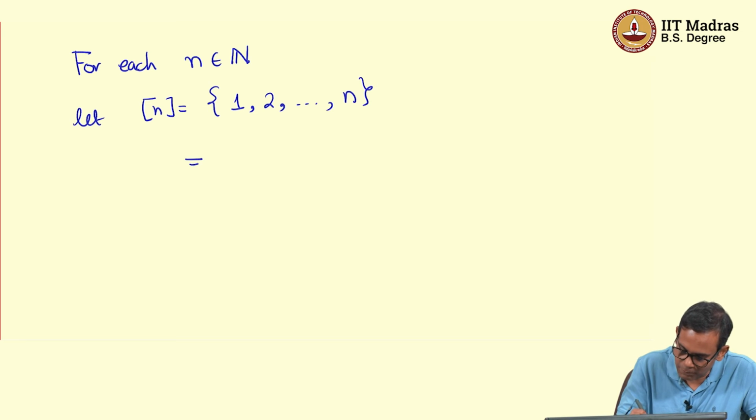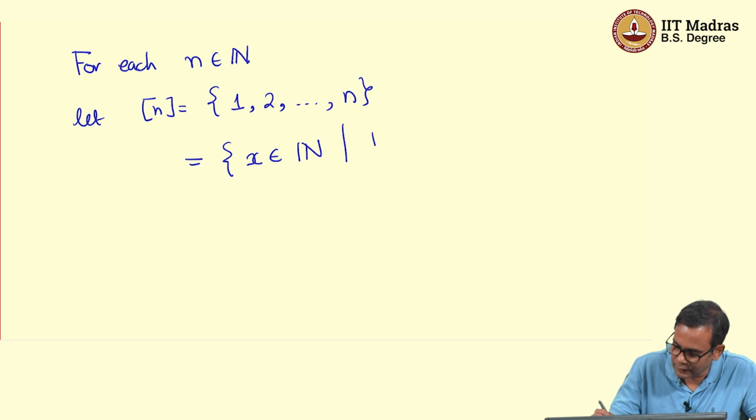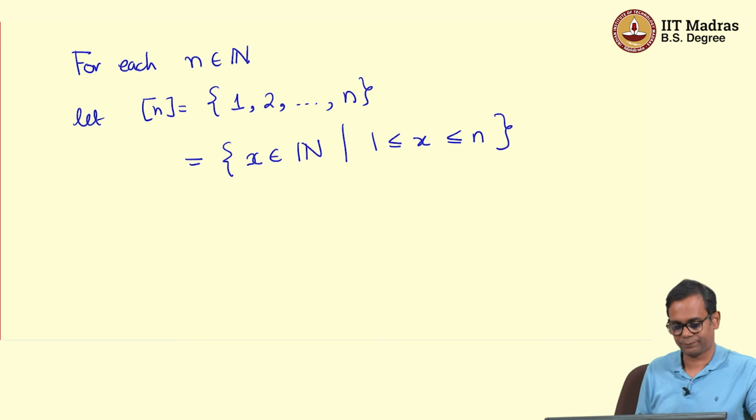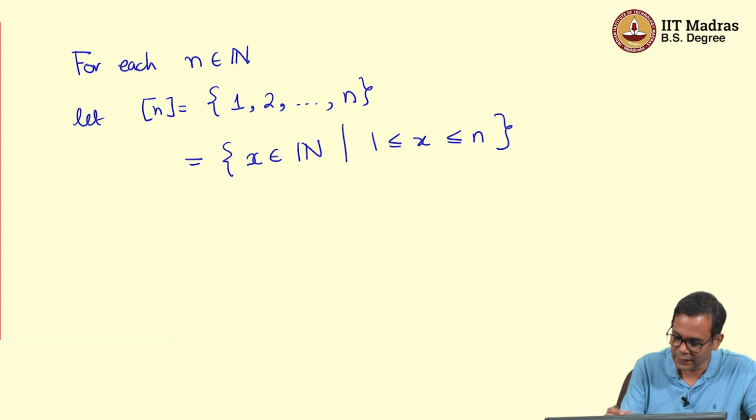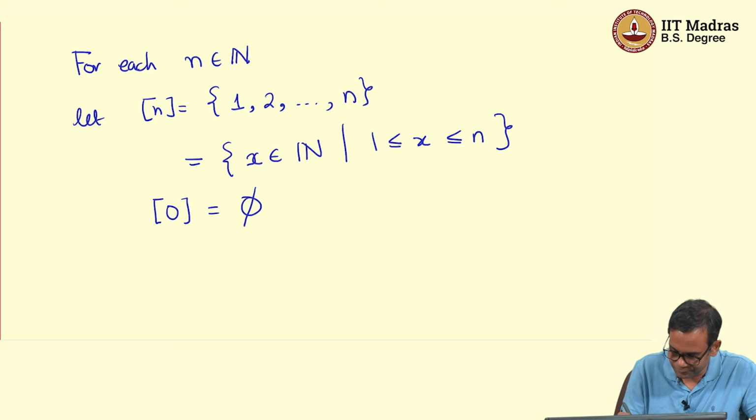Another way to specify this set is to say x in N such that 1 is less than or equal to x is less than or equal to n. Now, this set has just n elements from 1 to n, and it is convenient to say that box 0 is just the empty set.